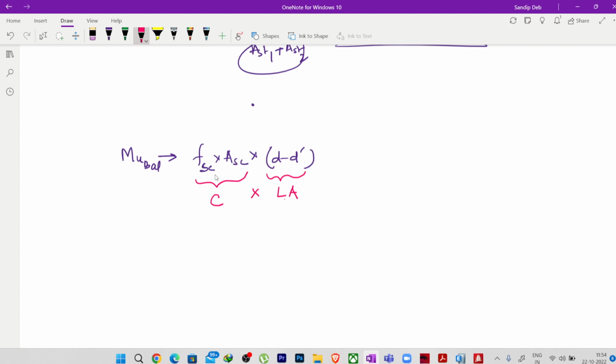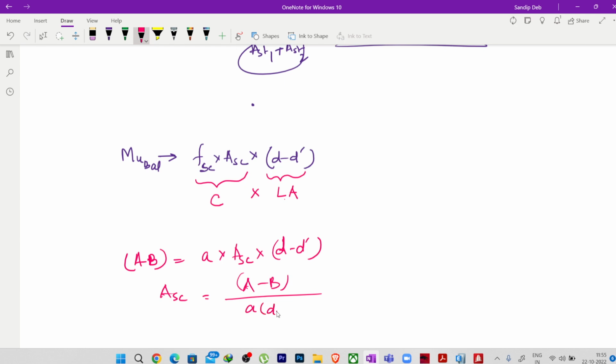So once you get the FSC, suppose this Mu balance is A minus B. You have some value for this, you got the FSC value also, some A, you have to find out the ASC, and you also get the D minus D dash value, because these are the numerical values only, nothing else. So you can find out ASC from here easily: A minus B divided by A into (D minus D dash).